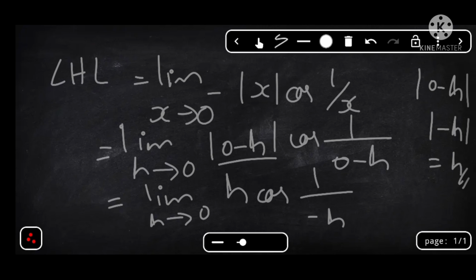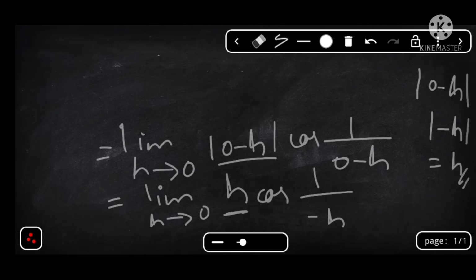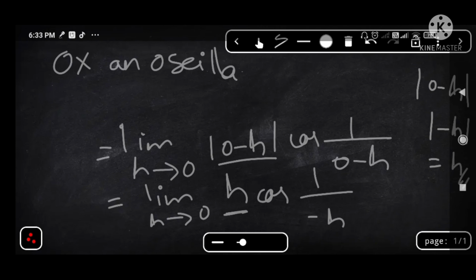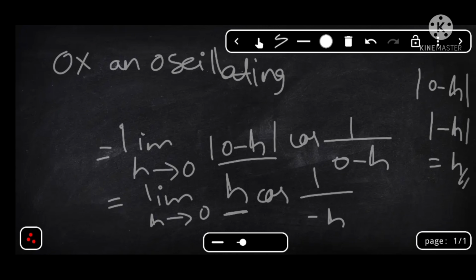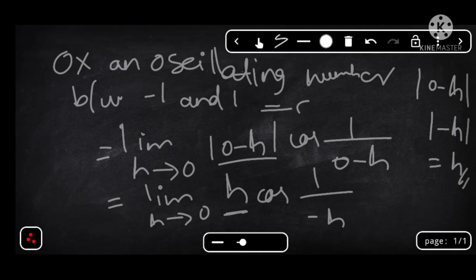So when we substitute h as 0, this is going to be 0 into an oscillating number between −1 and 1, which will be 0.